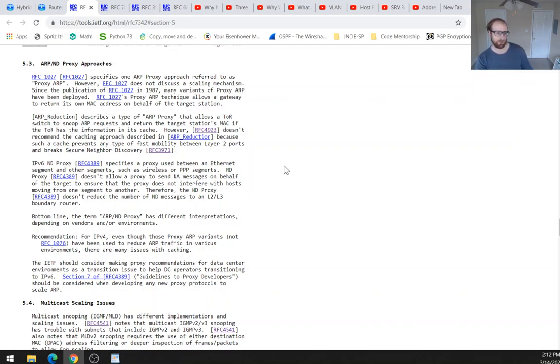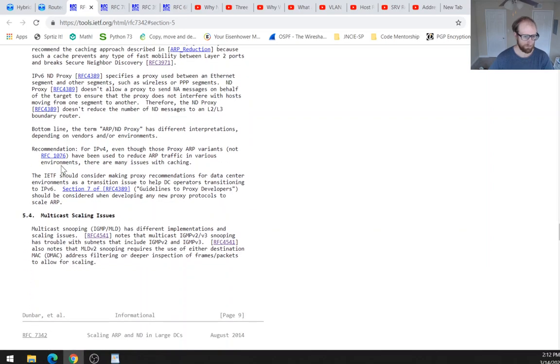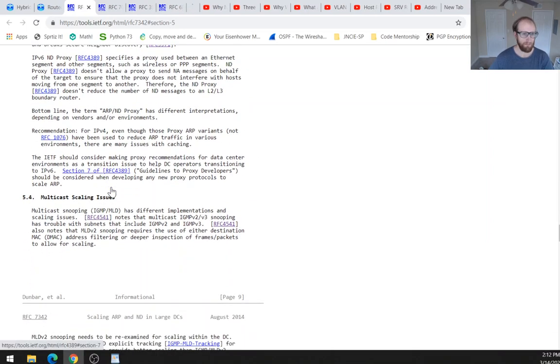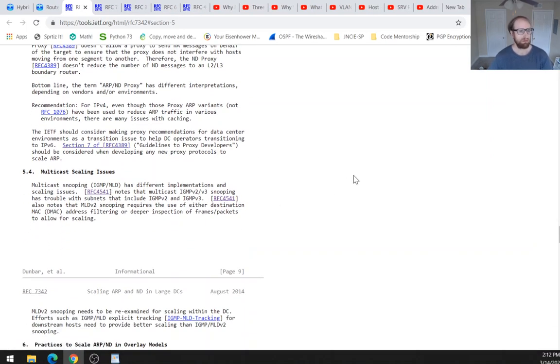The IETF should consider making proxy recommendations for data center environments as a transition issue to help data center operators transitioning to IPv6. Section 7 of RFC 4389, Guidelines to Proxy Developers, should be considered when developing any new proxy protocols to scale ARP.